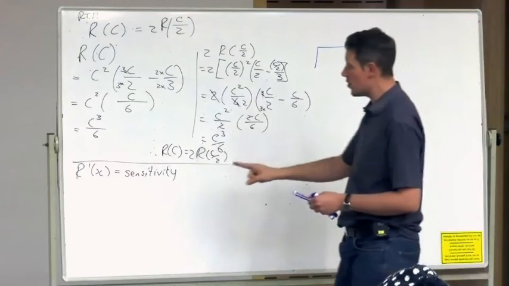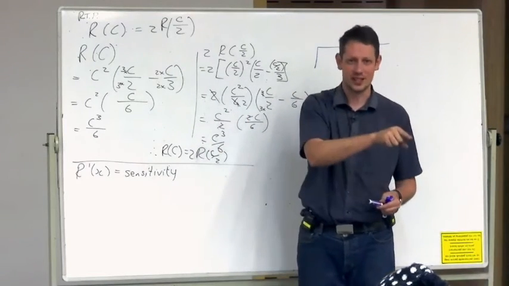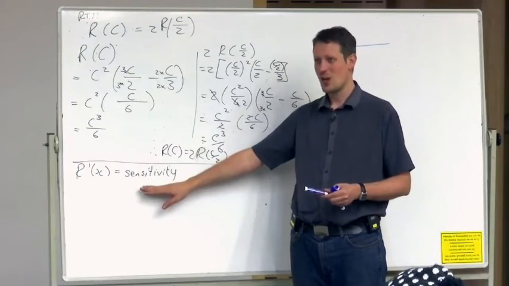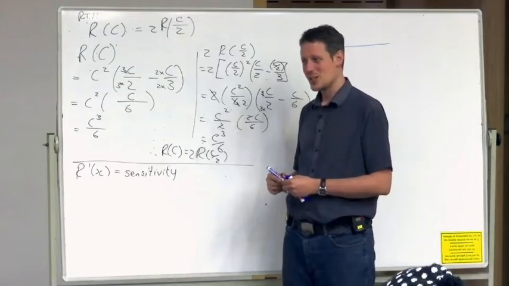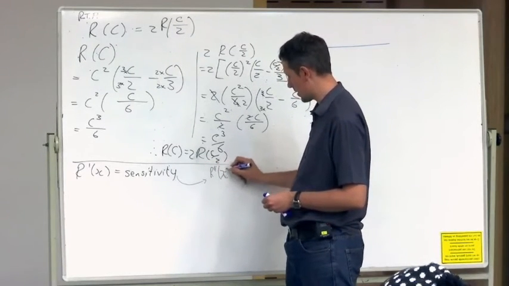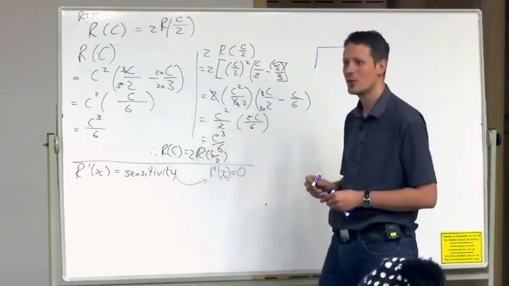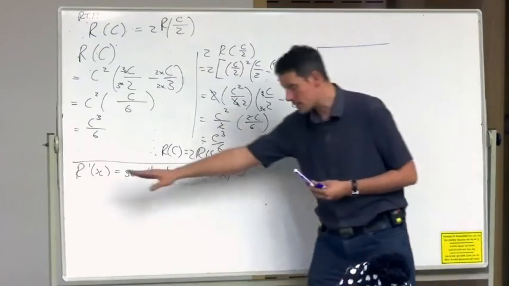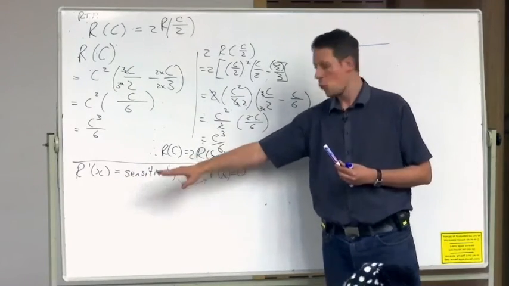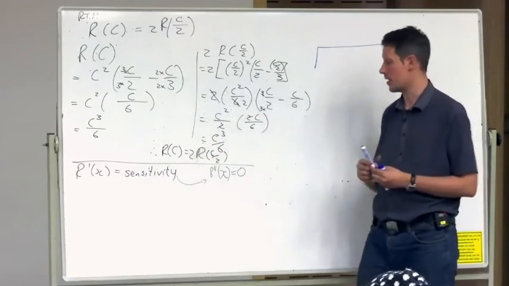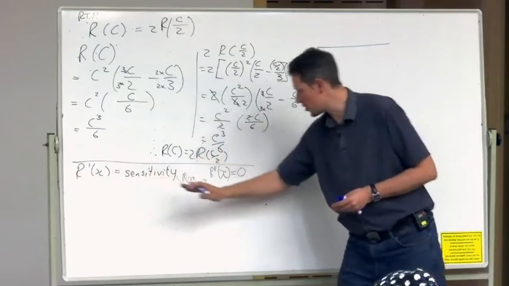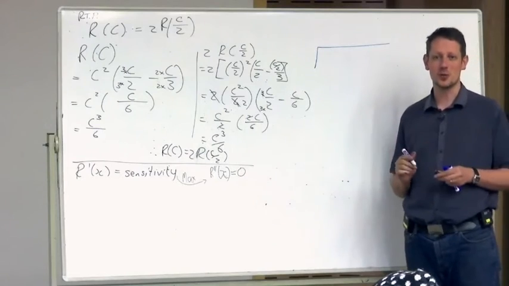They're asking you, when is the sensitivity maximized? So I've got to take this expression and derive it again. So I'm actually going to go towards R double accent of x must be 0. Not R accent of x, because R accent of x is the sensitivity. When is the sensitivity maximized? I've got to differentiate that expression and put it equal to naught.